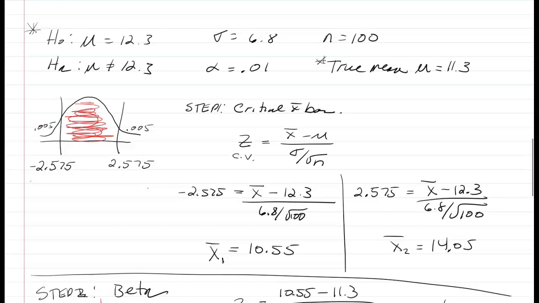It doesn't seem like it's very close, but there's such a large standard deviation in this problem that even though the true mean's 11.3, we could get a sample that would cause us not to reject. So that's why this is not a very powerful test.